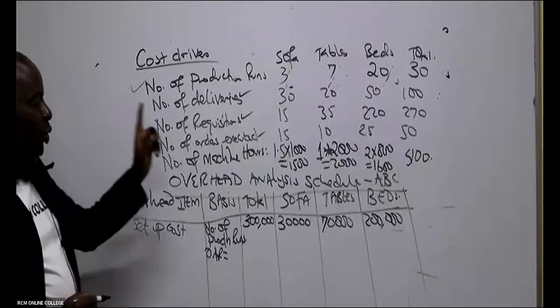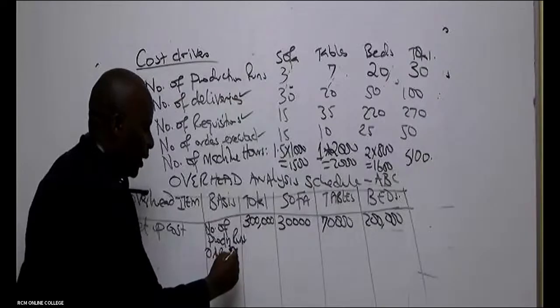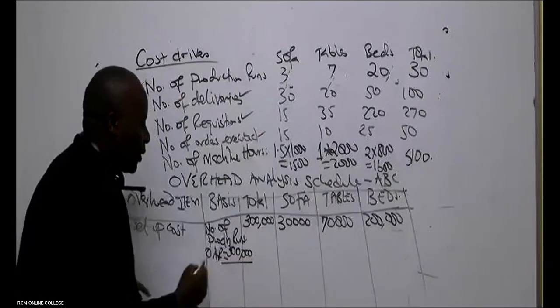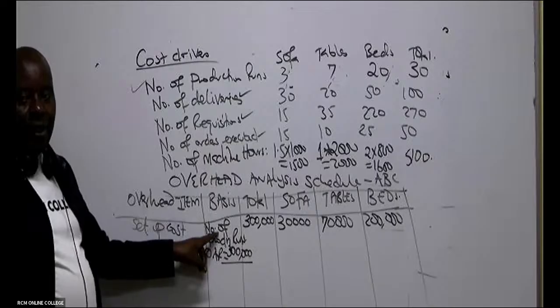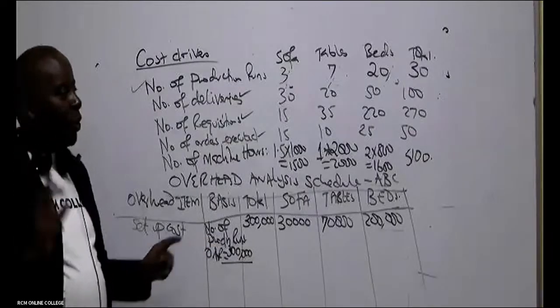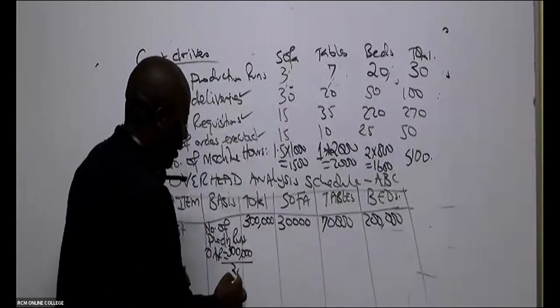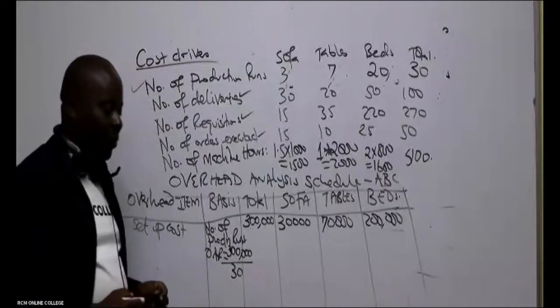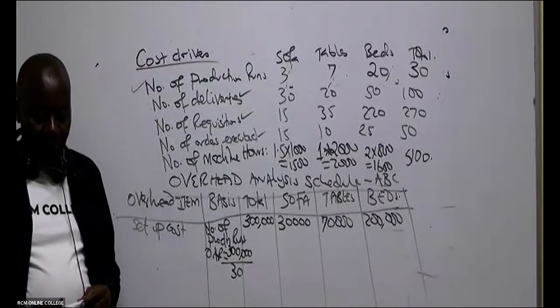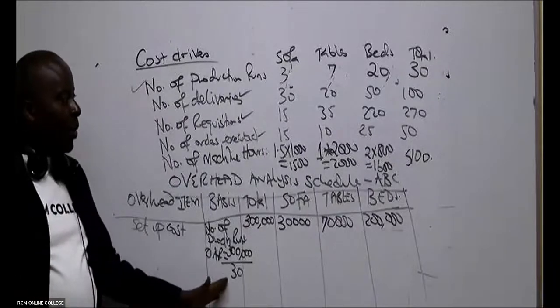Do we have the total setup cost here? 300,000, isn't it? And then you divide this by the basis, which is total number of production runs, which is 30. So 300,000 divided by 30 will give me 10,000 per run.